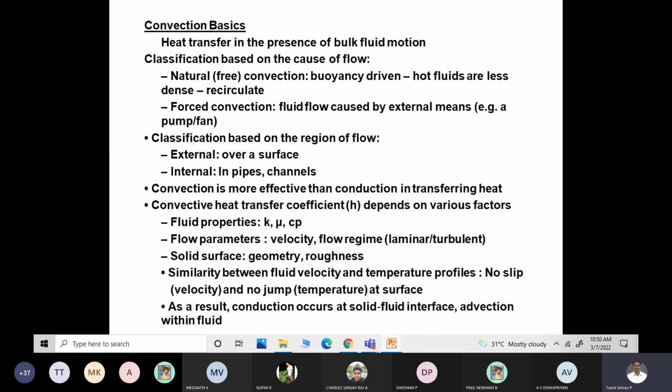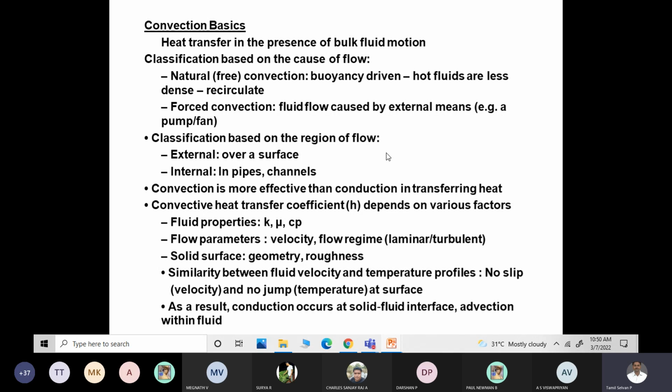So we have discussed the differences. In forced convection as well as natural convection, we have flow over a surface and flow inside. Especially in forced convection, we have flow inside a surface.